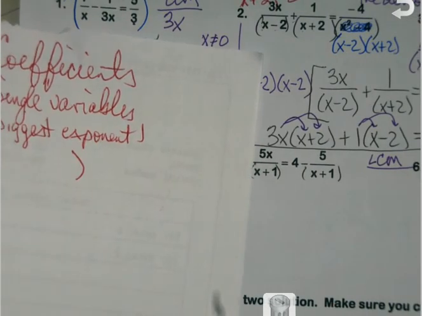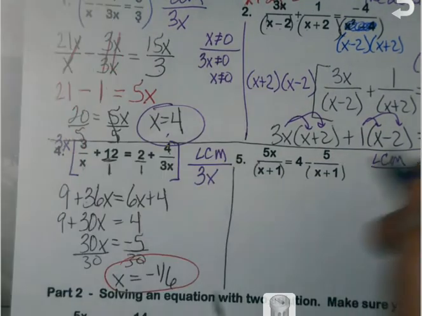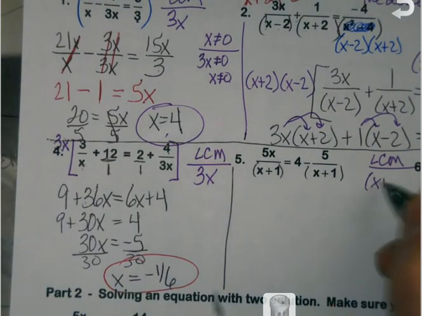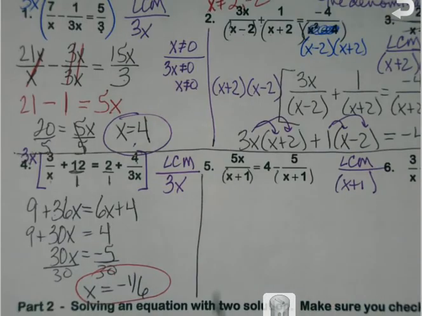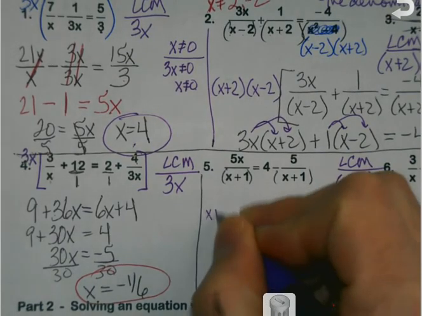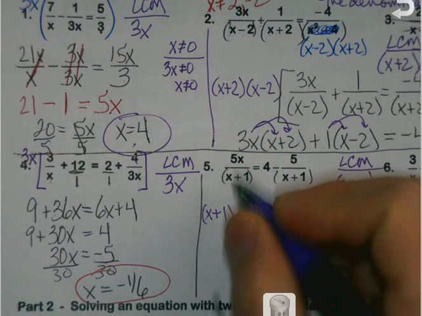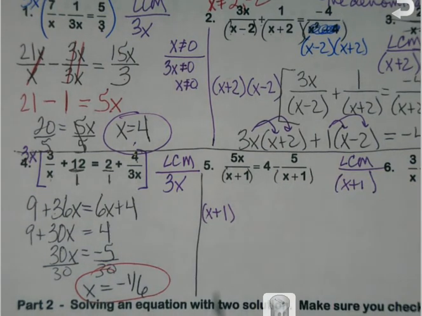Any coefficients? No. Single variables? No. My LCM is just the x plus 1. So, I'm just going to rewrite it down here because it seems a little smashed up there to me if I do it up there.